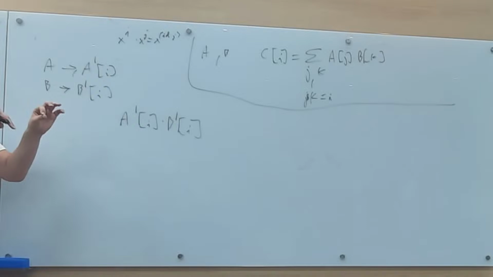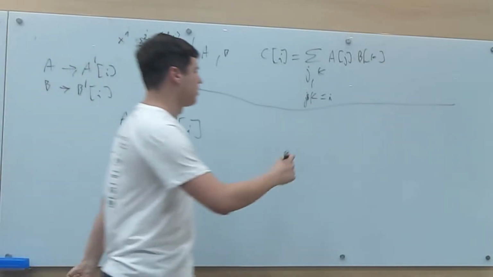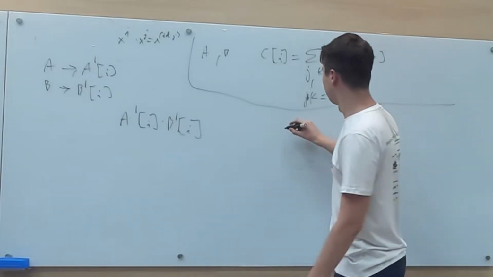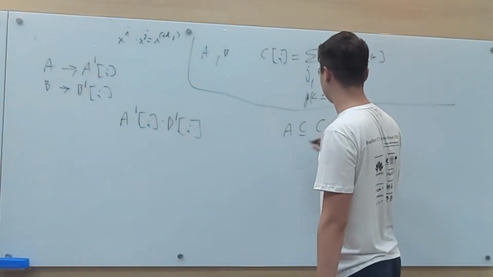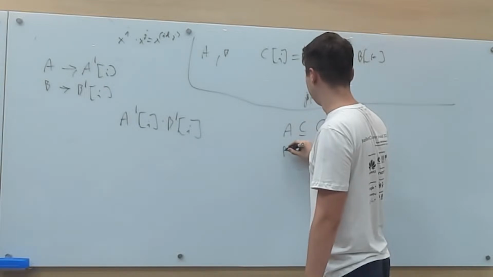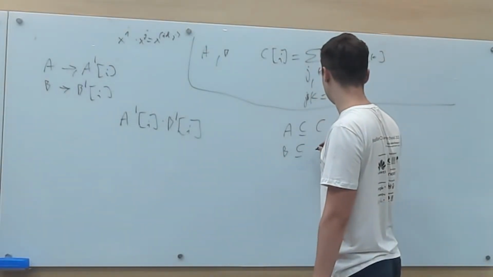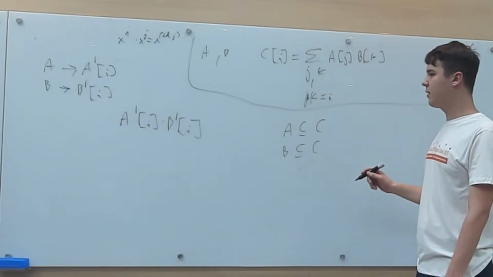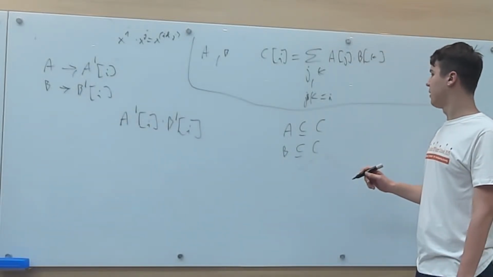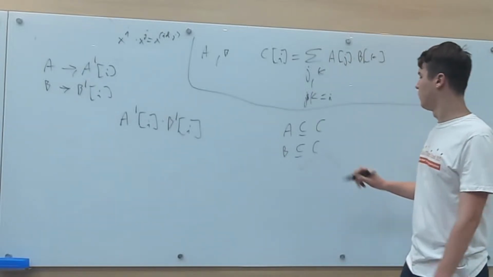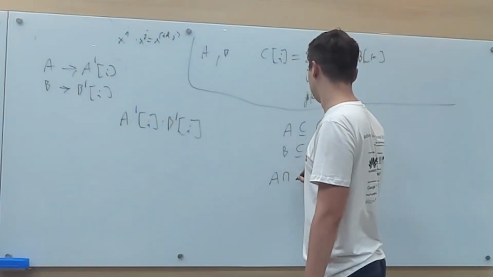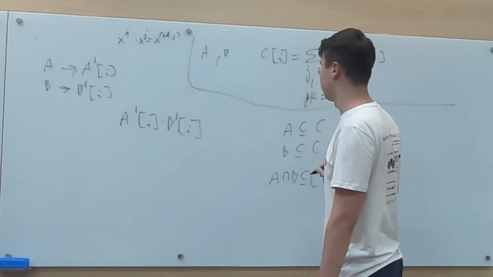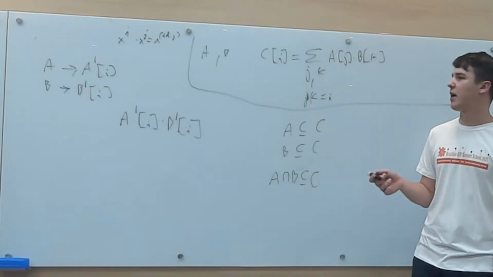No, I mean AND. Sorry. Because AND is a set intersection. So if A is a subset of C and B is a subset of C, then it basically means that A AND B must also be a subset of C, right? This is what AND does.